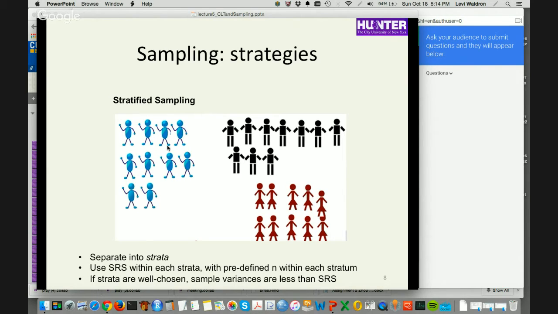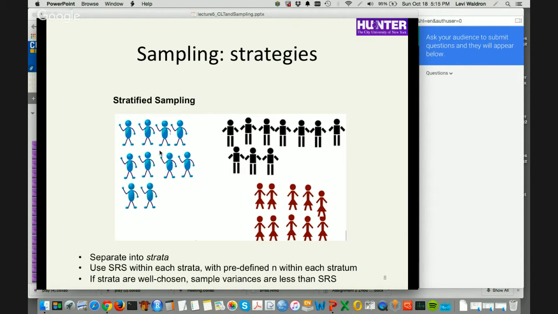In this example, we have blue sort of blobby people, black square people, and red people with miniskirts, and we want to draw from them in a guaranteed proportion. So after they're divided into these strata, we would sample separately from each of these.